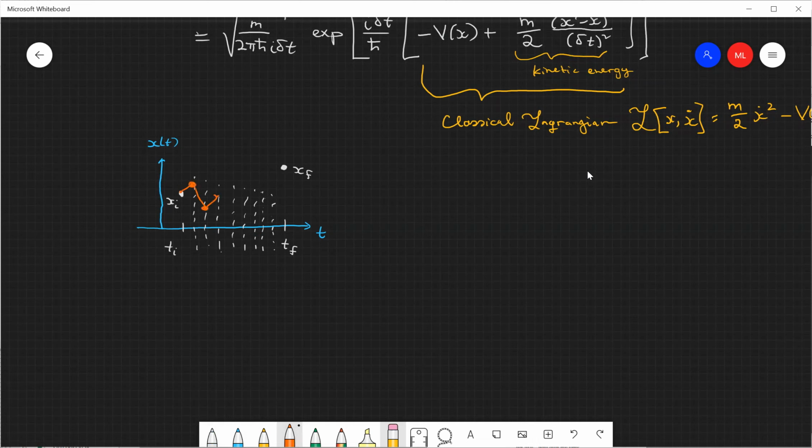So here's one possible trajectory that this thing could have from the initial position to the final position. What you want to do in the path integral is integrate over all these intermediate positions. That's what we're doing. And so that ends up basically being an integral over all the possible paths from that point to the other.